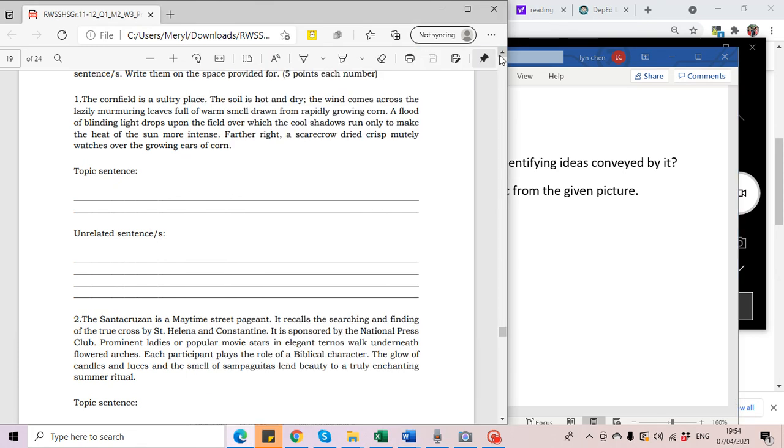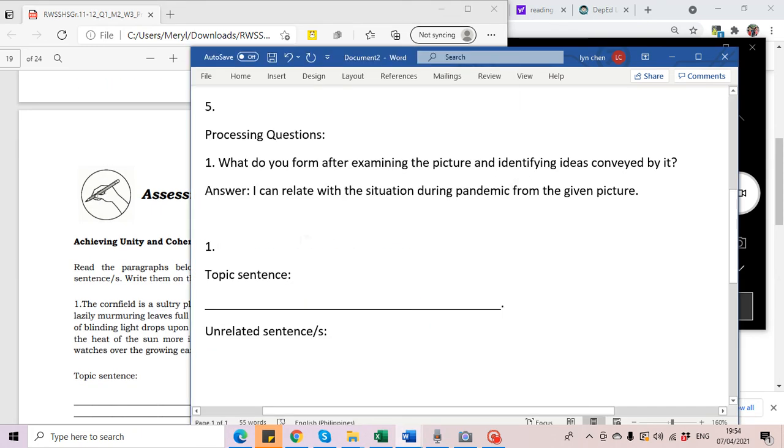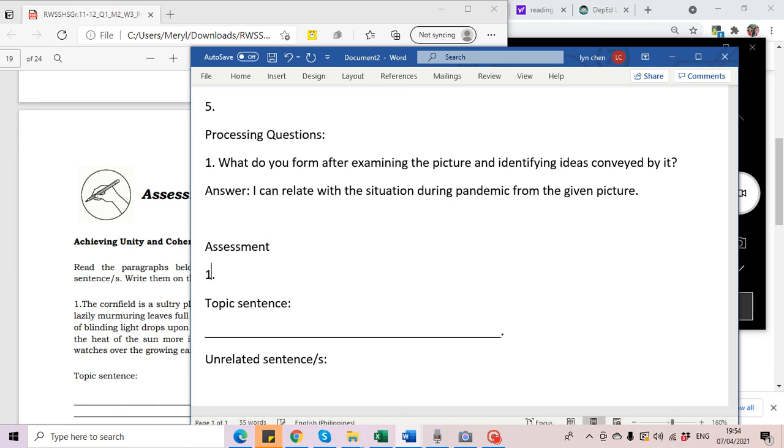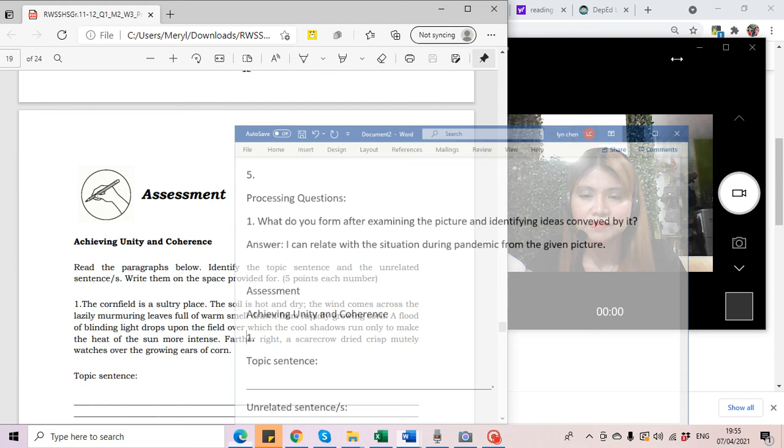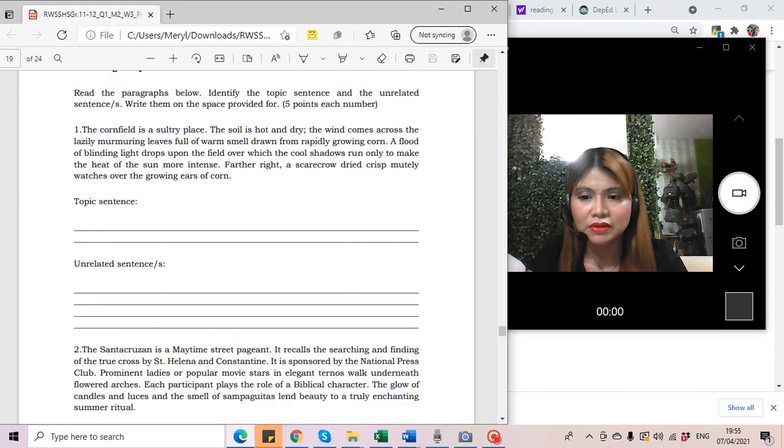So you write also the section title, assessment, for the assessment. Achieving unity. Coherence, number 1. There you go.